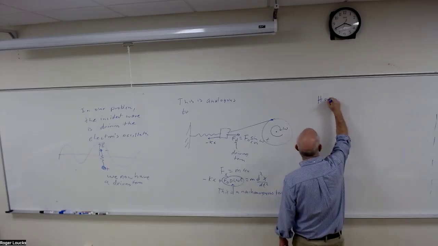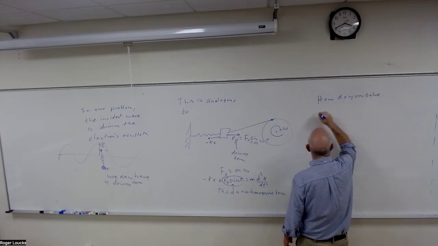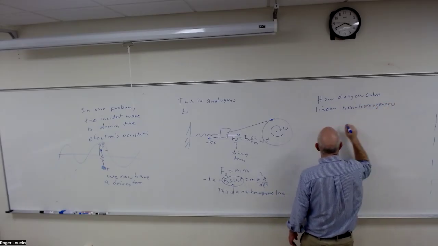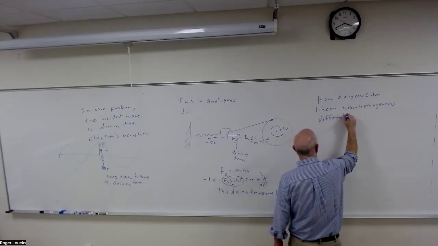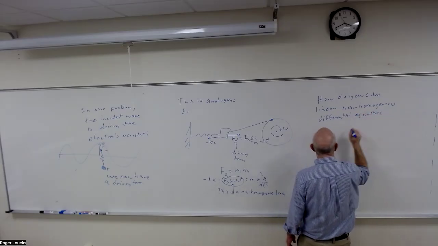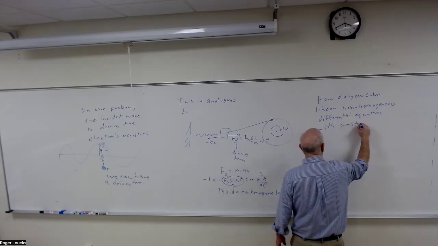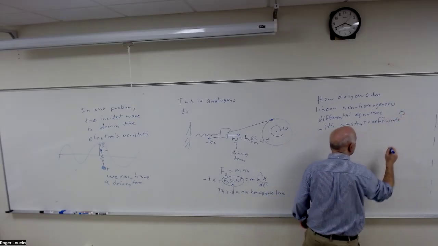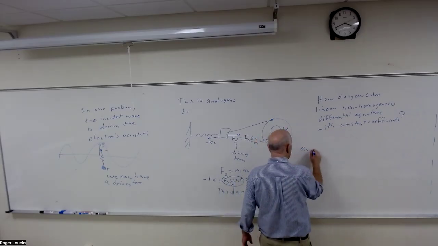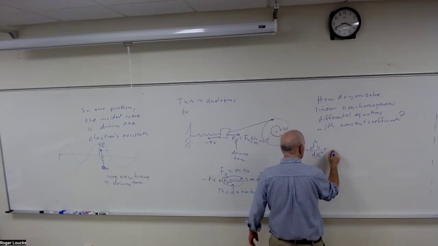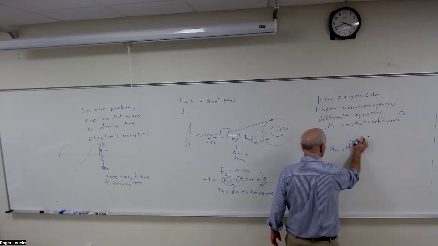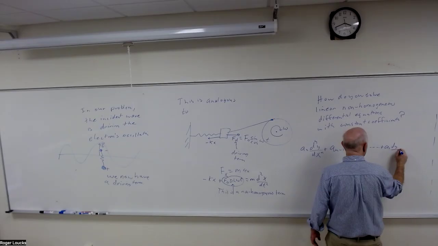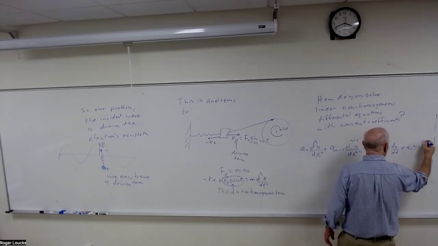We're going to have something like this: a_n, b_n, dx here, and that equals now f of x.